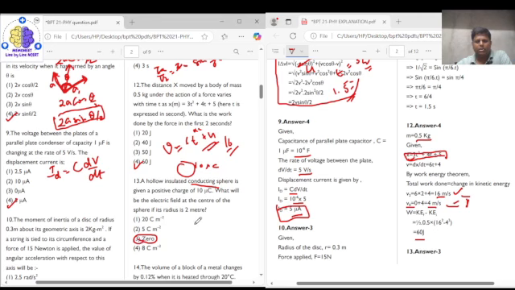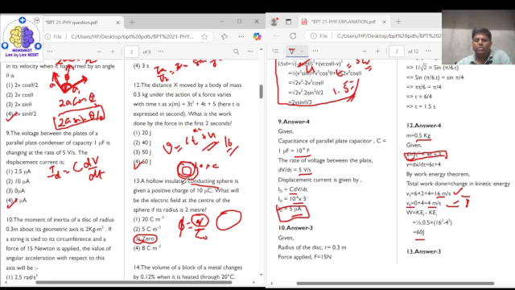Why is it 0? Because by Gauss theorem, phi is equal to q upon epsilon naught, where q is the amount of charge enclosed within the Gaussian surface. So if it is a conducting sphere, all the charge will be on the surface, not inside. At any point inside, if we draw a Gaussian surface, there will be no charge enclosed inside it.